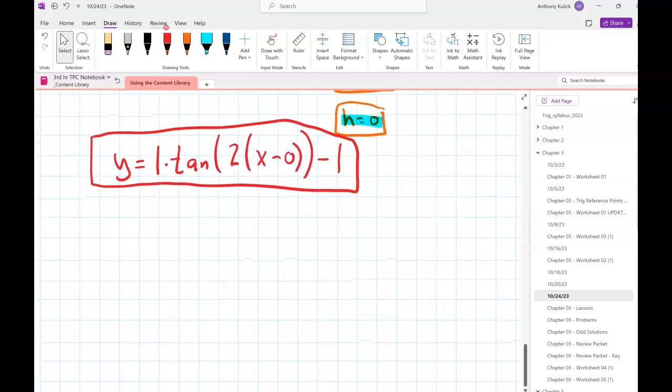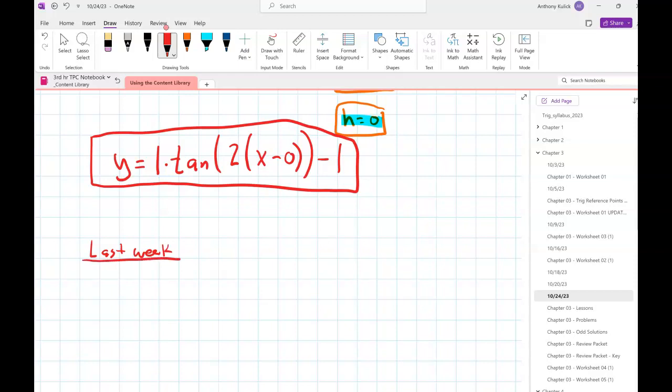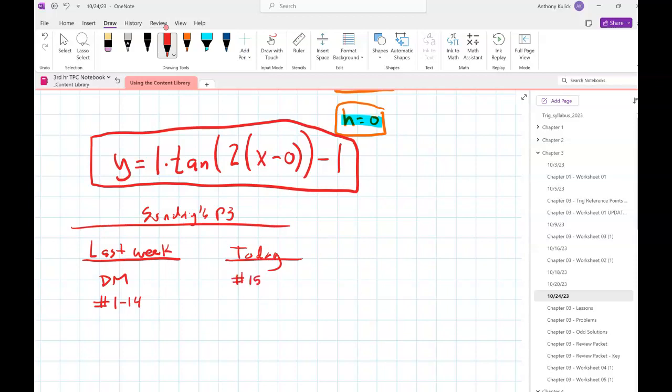All right. So let's look at what we have so far. Last week, there was a Delta Math assignment, and we assigned problems 1 through 14. That's going on to this Sunday's problem set. Today, I'm going to assign 15 to 26.